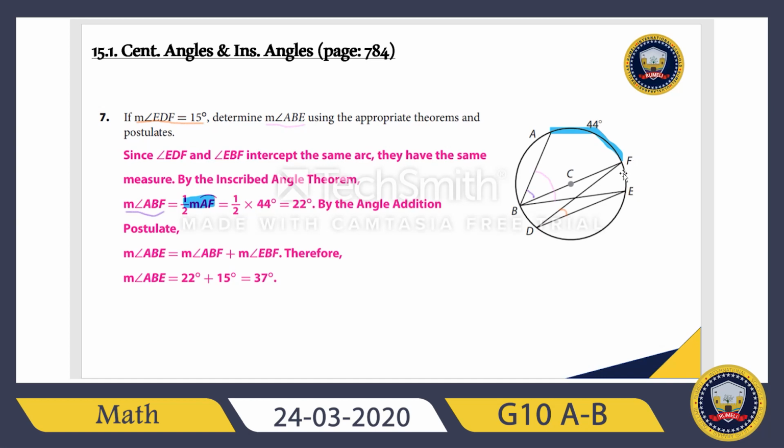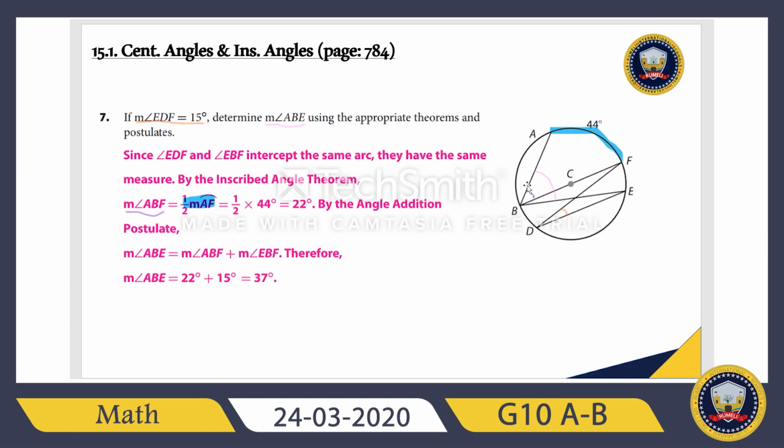ABF is equal to half of this arc, which is AF, that is 44 degrees, and this angle here, ABF, is 44 divided by 2, then this is 22 degrees. Now, what is the angle ABE?